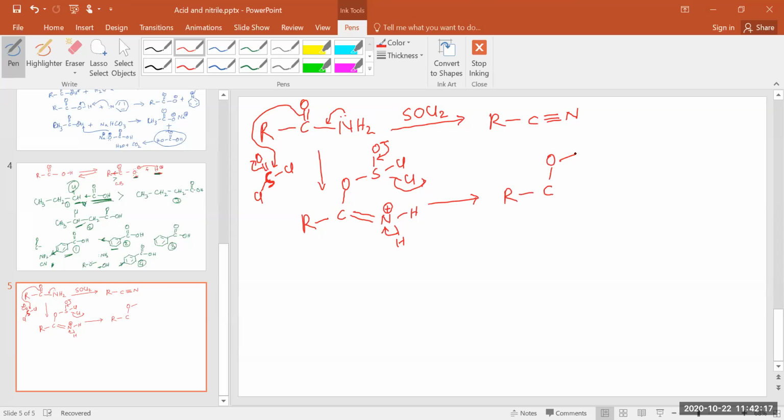RCO S double bond OCl, okay, and this, okay. Overall, this is a very, very good leaving group. Remember this one, very good leaving group.